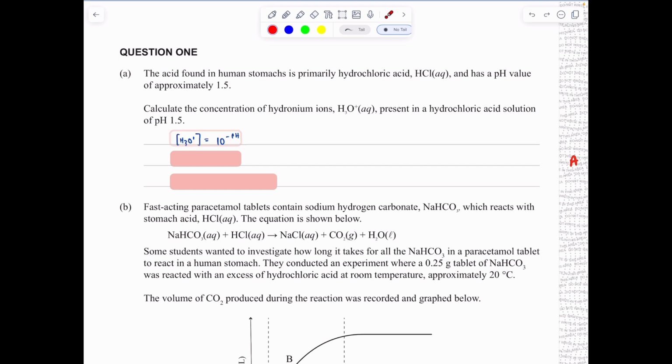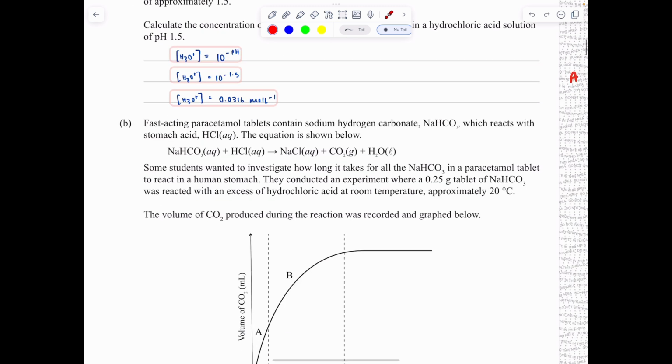That's what the square bracket means. So we've been given the pH, we can simply plug that into this pH over here in the equation, plug this into our calculators, and then we should get 0.316 moles per litre as the hydronium ion concentration. Please remember your units and always remember that it's usually 2-3 significant figures. Okay, that was worth an achieved.